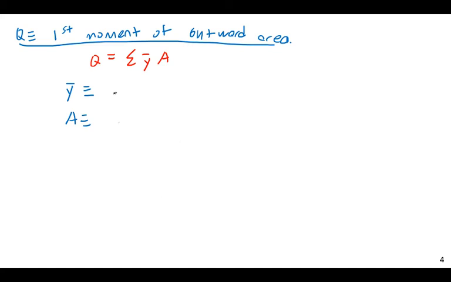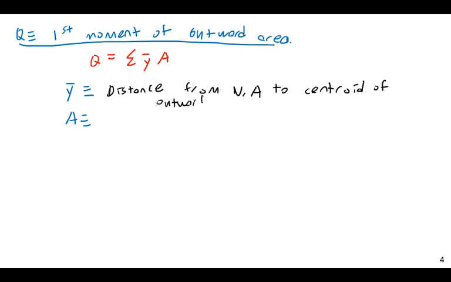Y bar is the distance from the neutral axis to the centroid of the outward area. Capital A is the outward cross-sectional area. And do be aware of this definition of outward.